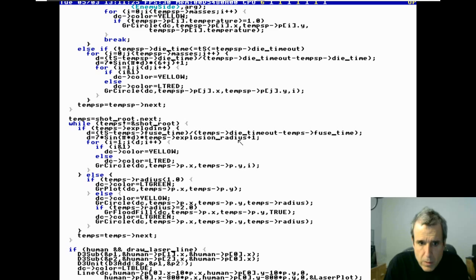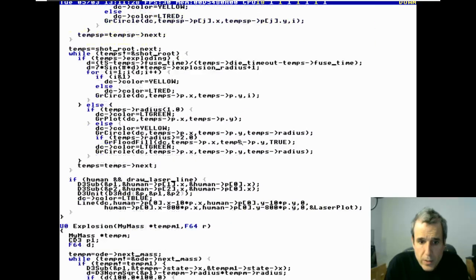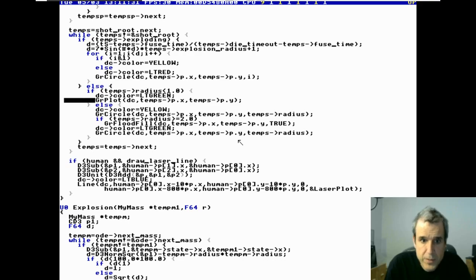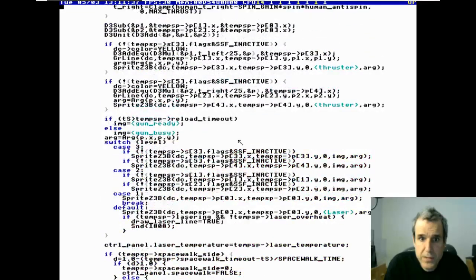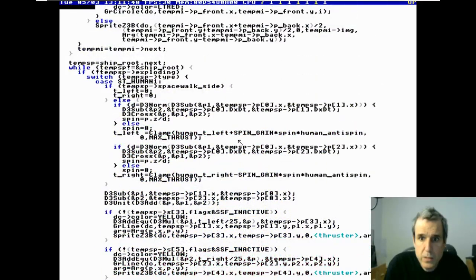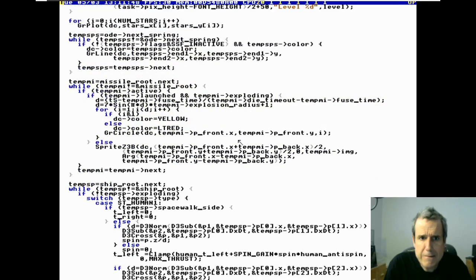So we're going to go through the ships. We're going to go through the missiles and see if any of the missiles have us as a target. So how about let's just plot an X on the targets. So missile route active, launched, not exploding, launched and exploding.